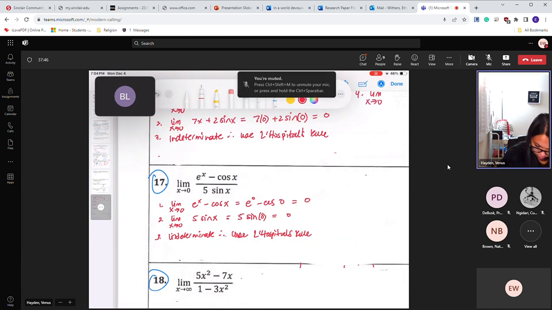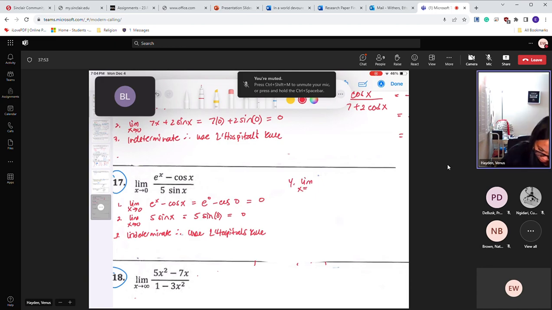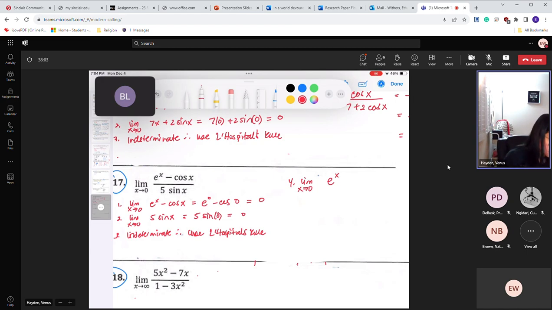Now let's find its derivative. So step 4, the limit as x approaches 0, derivative of e to the x, still e to the x. The derivative of cosine will be a negative sign, but we have a negative, so that becomes a positive sine of x, all over the derivative of 5 times sine of x, which gives us just 5 cosine of x.